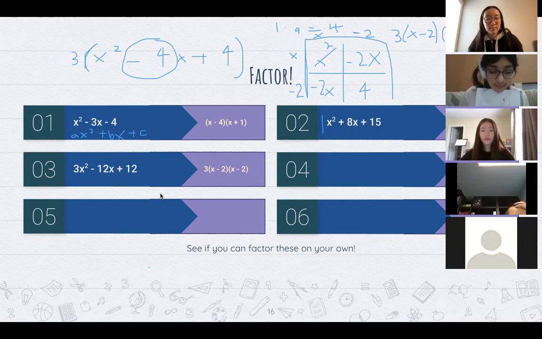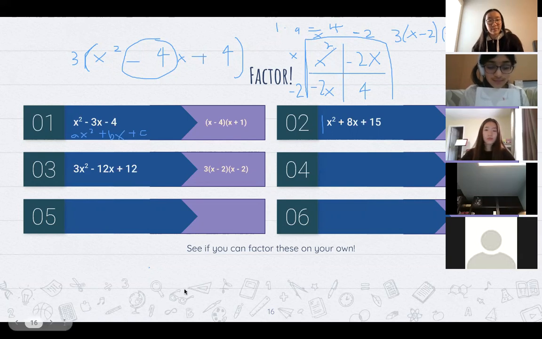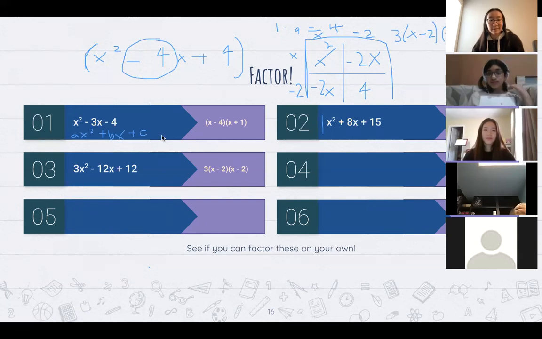Wait, why is A 4? Is it 3 or 4? A. Yeah. So A is 1. Pretend like we just divided 3 out and then the 3 is gone.